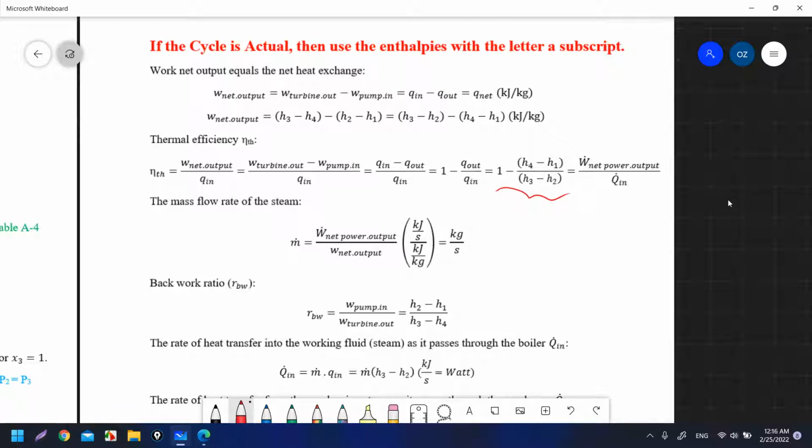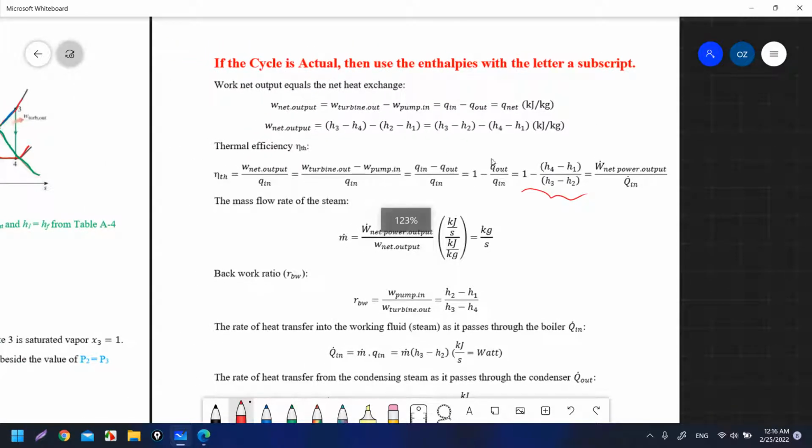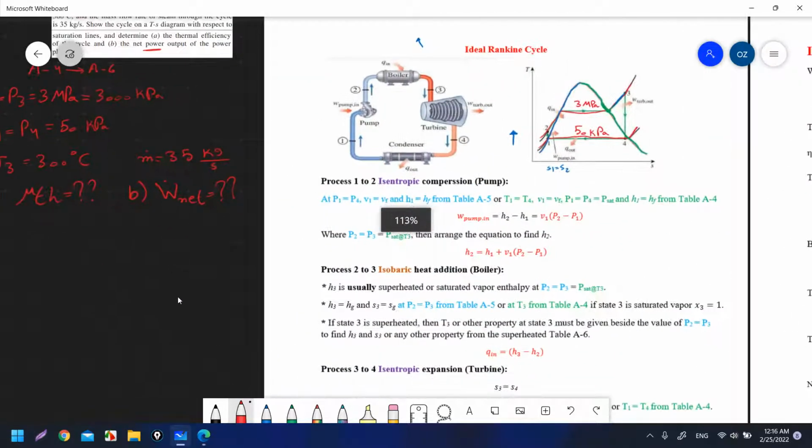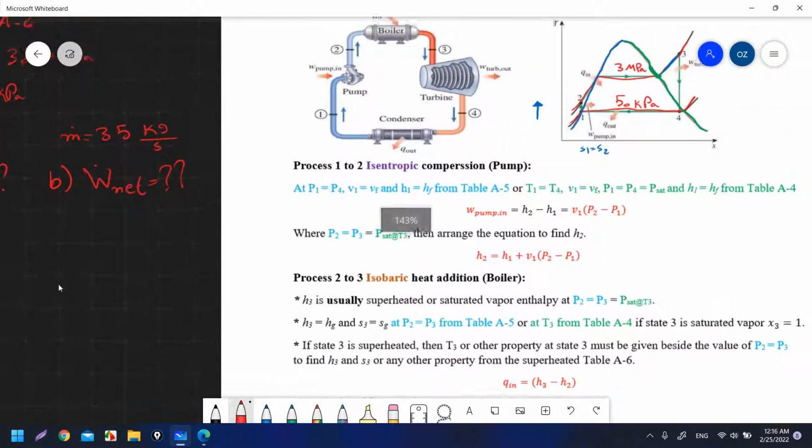So the power also needs all the enthalpies H3, H4, H2, H1. I think in the midterm you will also solve for all enthalpies. We want to know how to get all enthalpies for each state. So let's see the procedure for solving the ideal Rankine cycle.